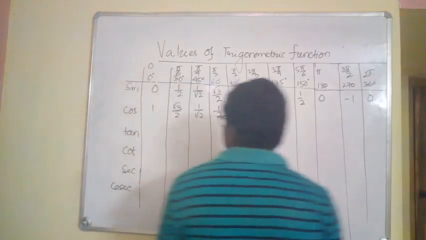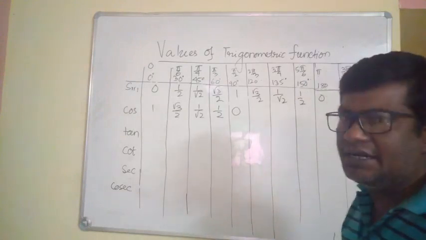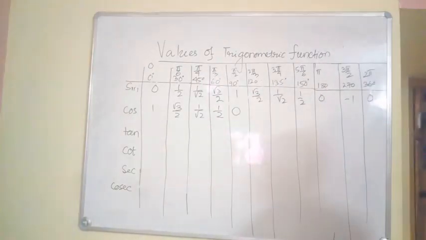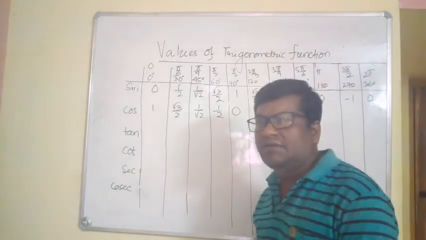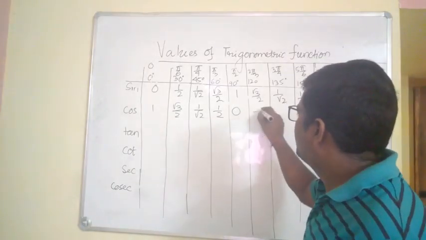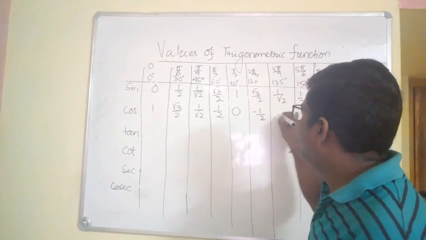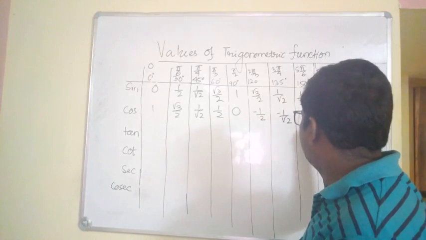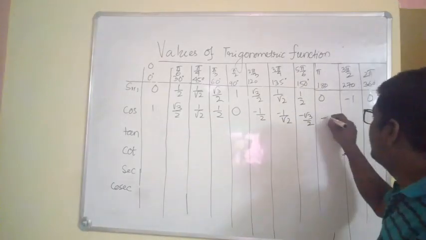Then in second quadrant, after 90 degree, that is greater than 90 and less than 180, theta lies in second quadrant, so cos is negative. So write minus 1 by 2, minus 1 by root 2, minus root 3 by 2, again minus 1. Clear?